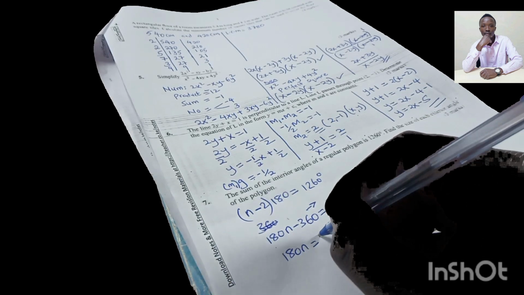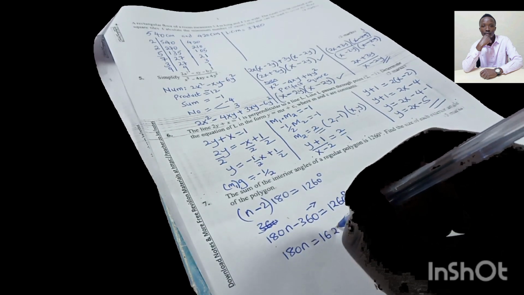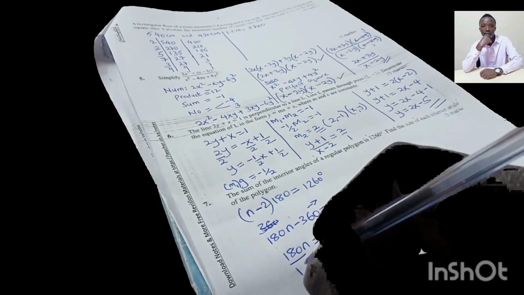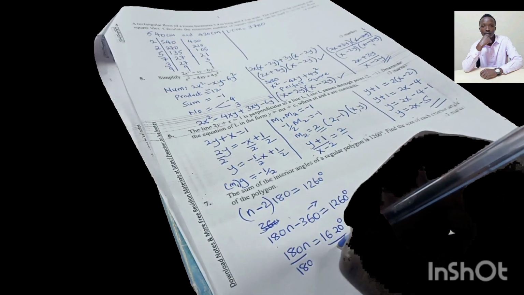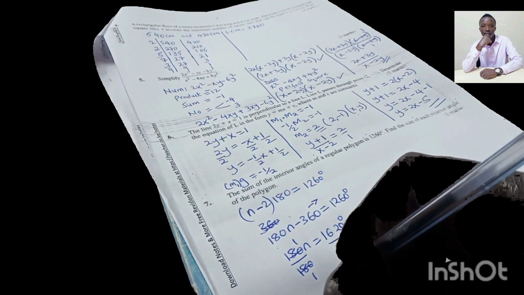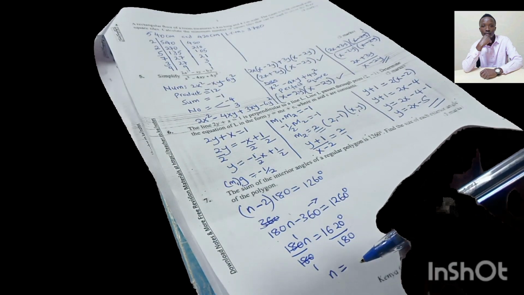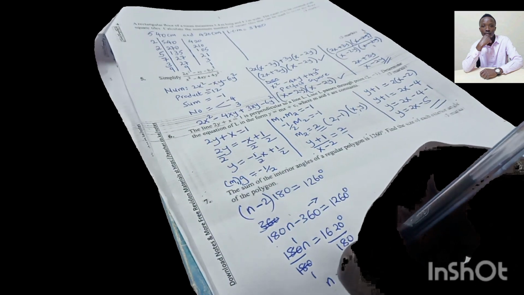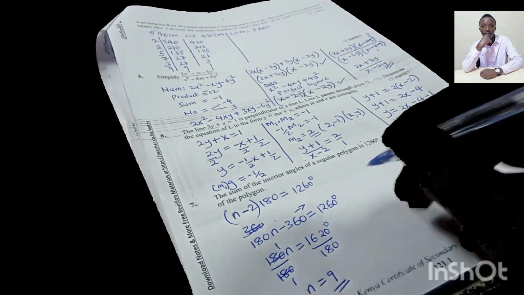We are going to have 1620 degrees. And for us to solve the number of sides, we divide by 180. And when we divide, we are going to get n as 1620 divided by 180. We are going to have 9 sides.